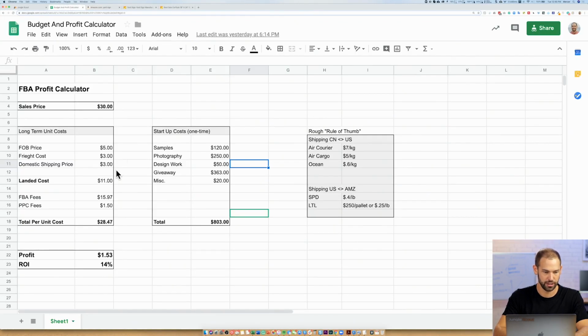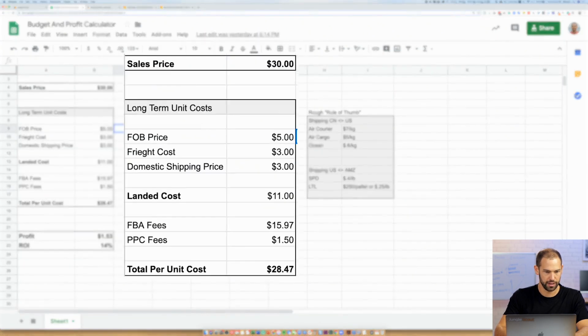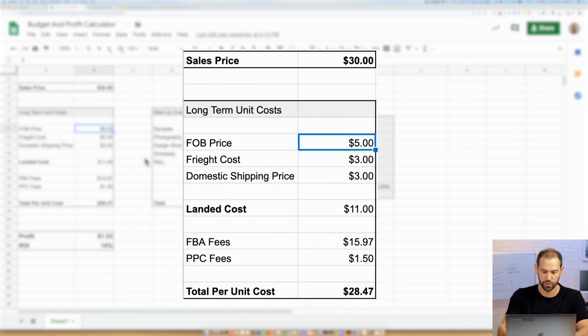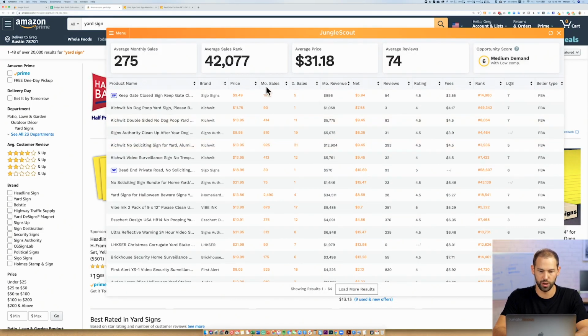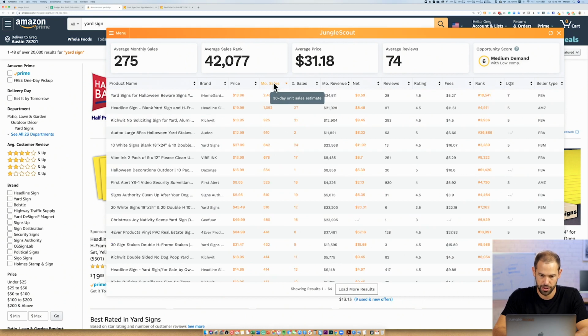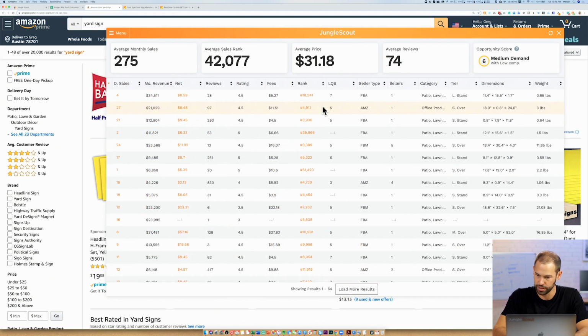So let's actually hop in here and do it a little bit closer. The FOB price, we were guessing it was going to be $3.50 with packaging. Freight cost, let me see if I can get a better estimate of what this would weigh. So I found this one. This one would probably be pretty similar.